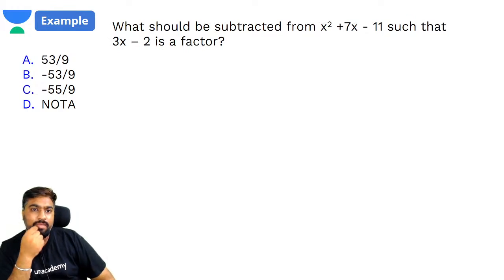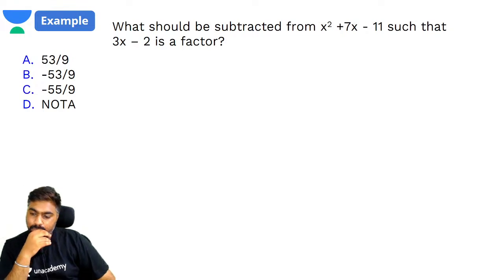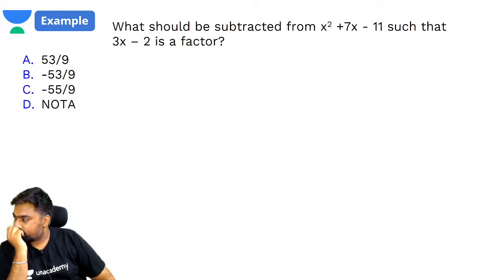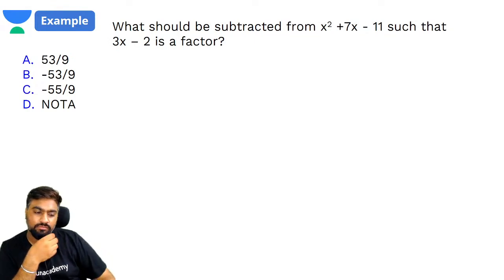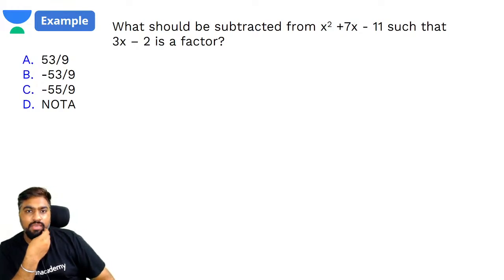What does this question mean? What should be subtracted from n such that d is a factor?